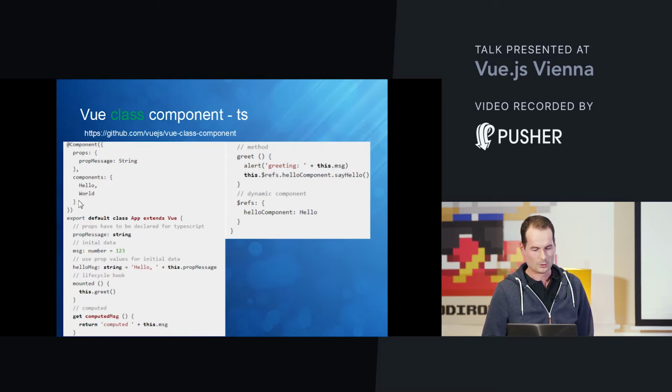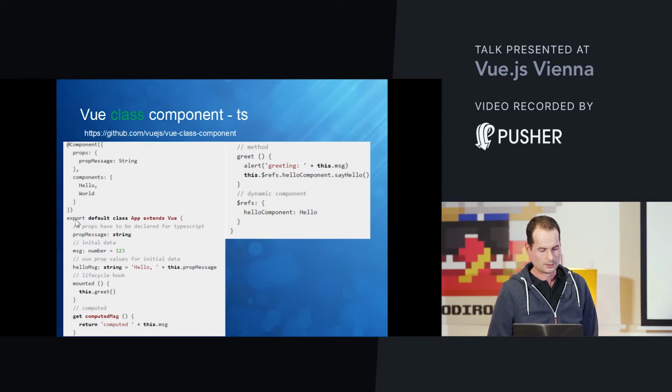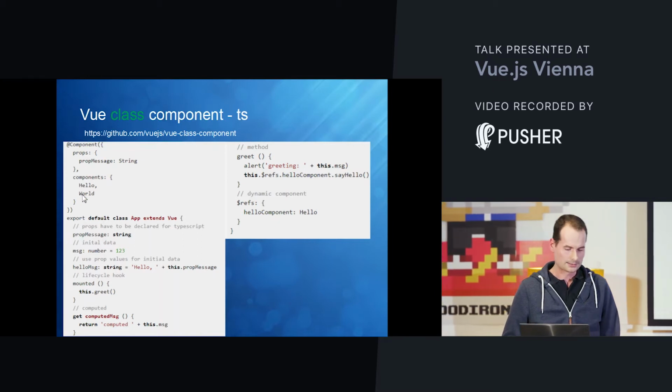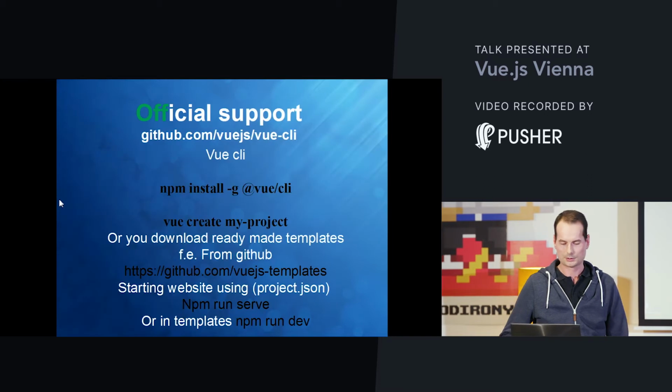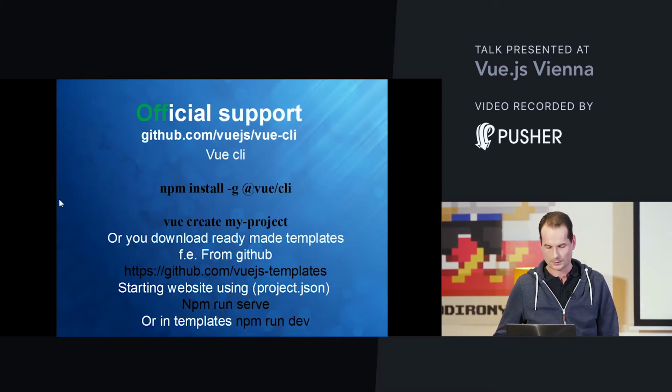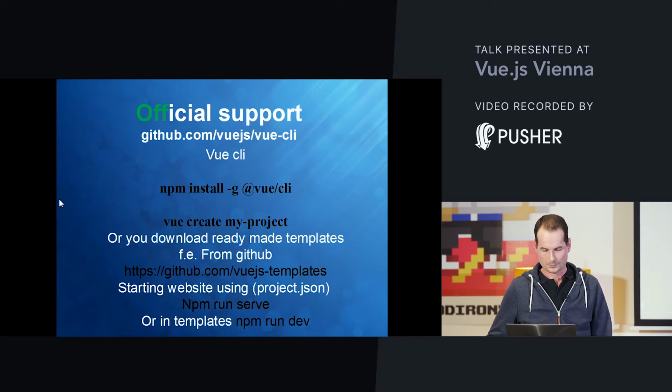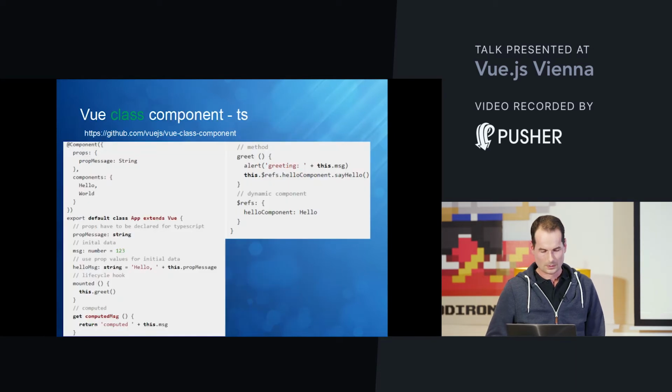Up there, you have slots for your components, properties, and so on. And right here, you have a class that is using this Component decorator.